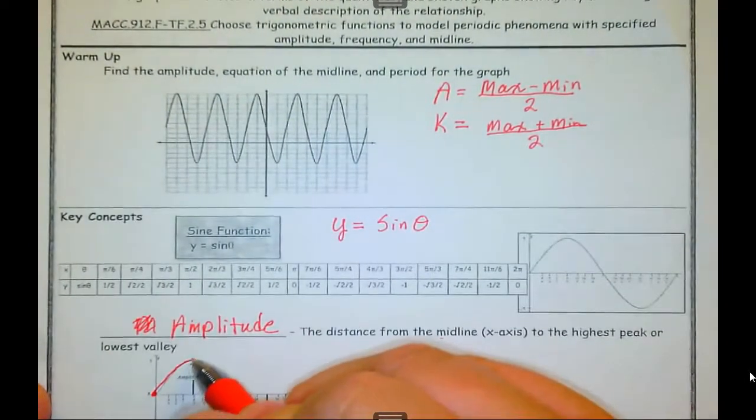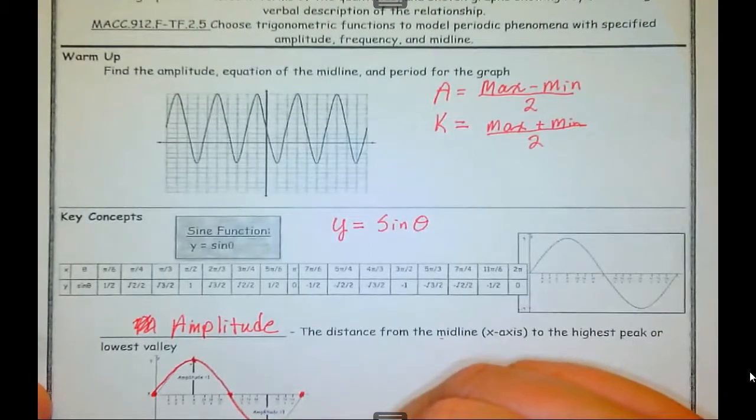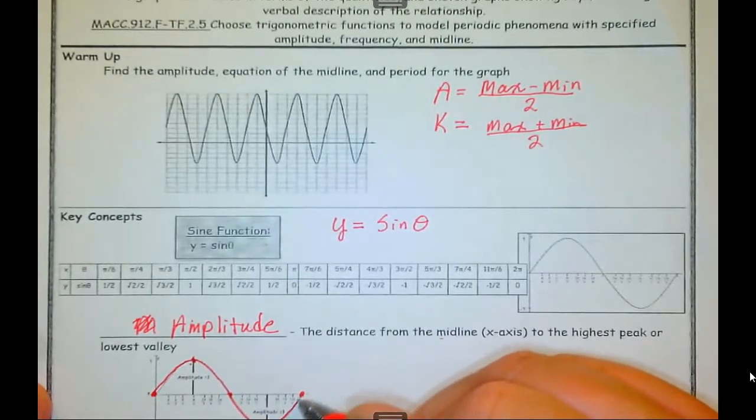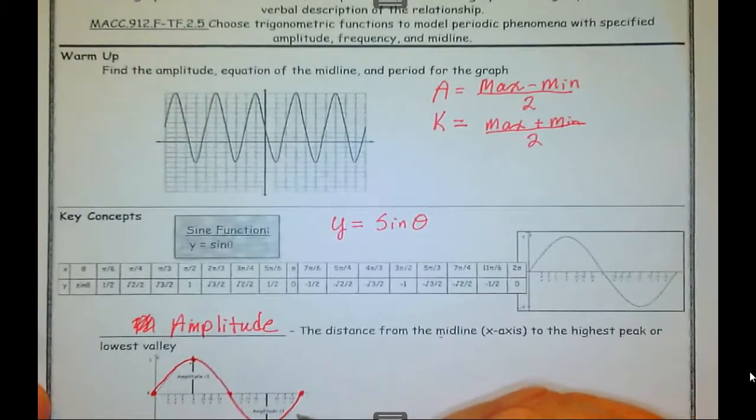From 0 goes up to 1, goes back down to 0, goes to our min, -1, goes back up to 0. Okay, this is 2 pi. That's our parent function of sine.